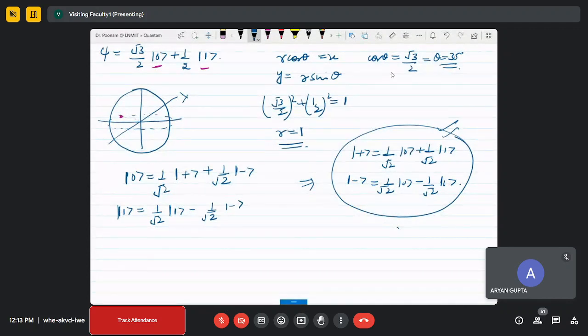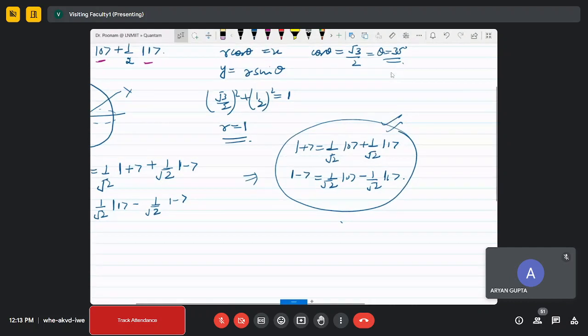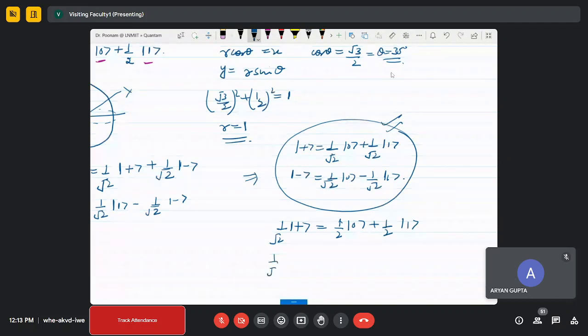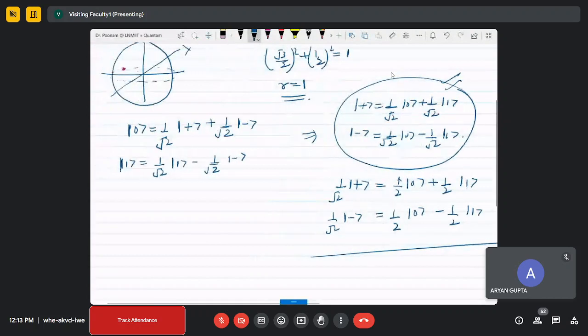And how I have solved it, this also we can go through. Simply multiply the first one. Normally it is the multiplication by the complex conjugate, but these are normal numbers, so the complex conjugate will be the same number itself. Now simply when you add these two, you will get the value of 0.